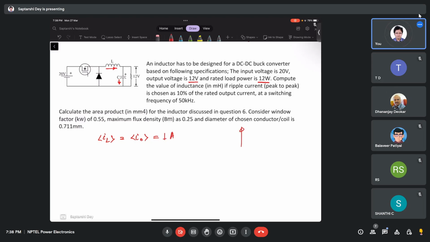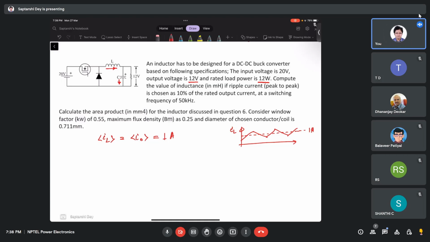Okay, so if this is the inductor current, I have the average of 1 ampere here. Now the actual current is like this, the inductor current is like this, and peak to peak is 10%.